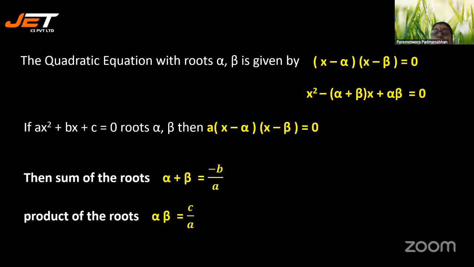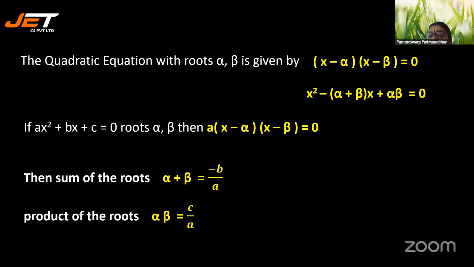Now, if ax square plus bx plus c is equal to 0 has roots alpha comma beta, then a into x minus alpha into x minus beta is equal to 0. So then we say that alpha plus beta is minus b by a.